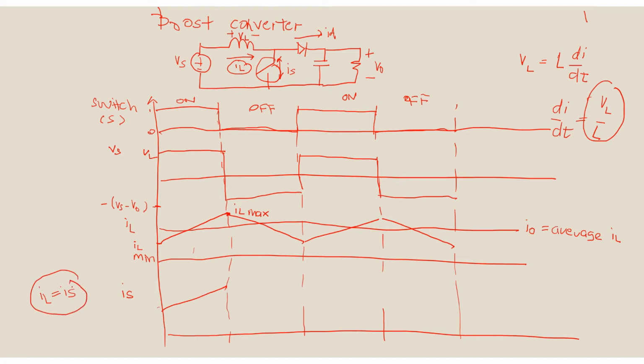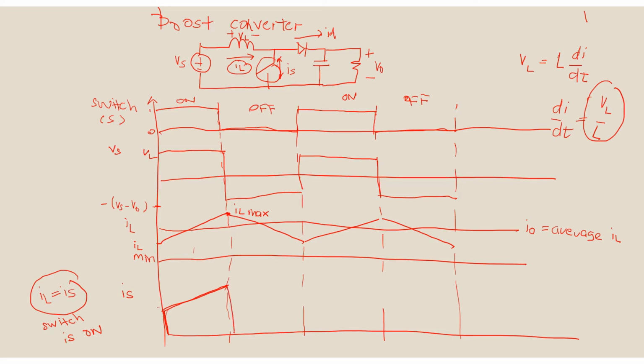This relationship holds when the switch is on, because the diode becomes reverse biased, so that's why you get IL equals IS. So the slope of IS will follow the IL because it's the same.